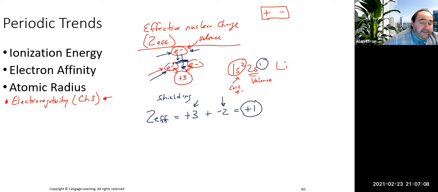It's going to hold them there pretty tightly. It's also going to move them in a lot tighter. So the bigger that positive charge, the closer everything gets sucked in toward the nucleus, and the overall size of everything shrinks as well. Any questions on that?